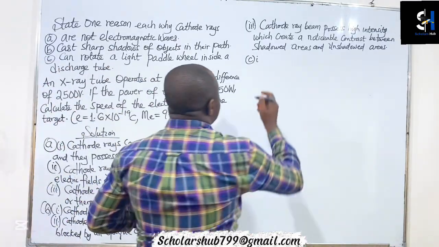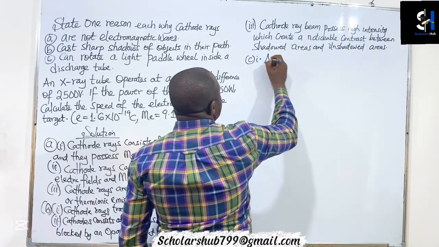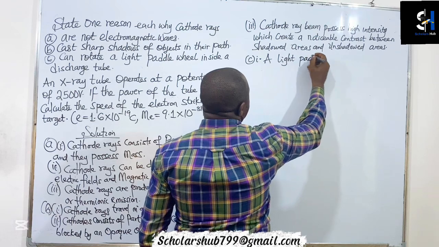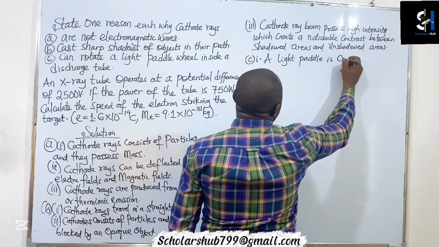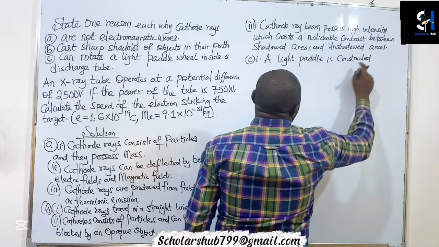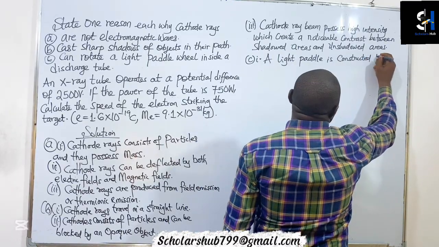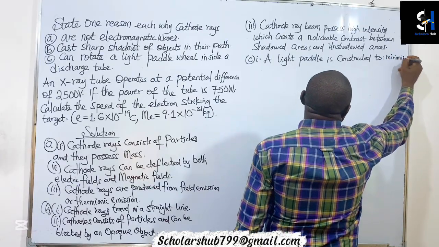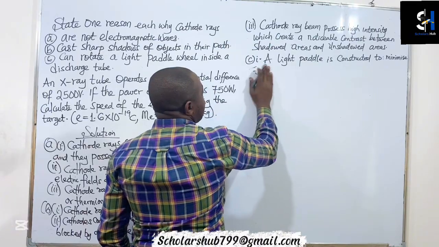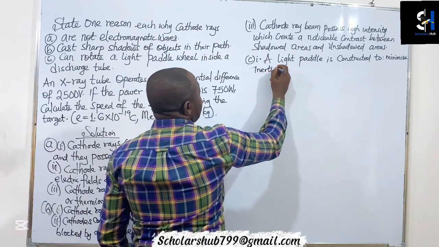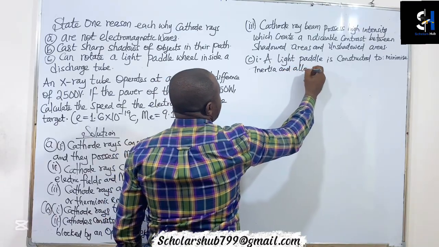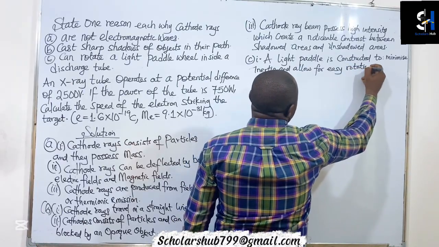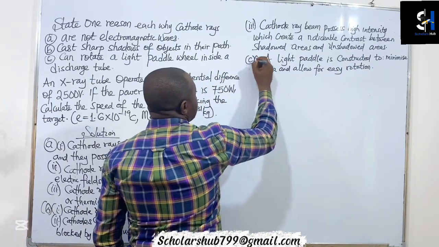A light paddle wheel is constructed to minimize the effect of inertia and allow for easy rotation. That's Roman numeral 1.